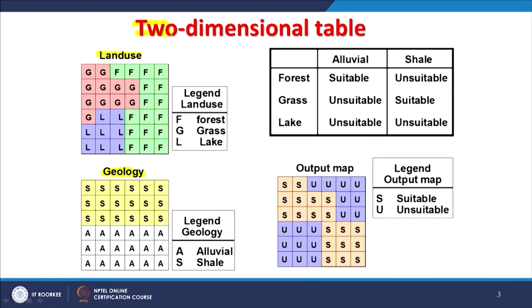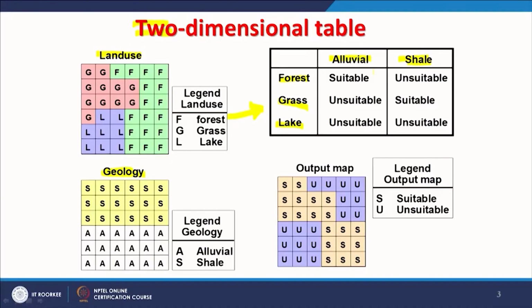In a cross table we were doing the operation a little differently. Here, against alluvium, we have these land uses: forest, grass and lake. The land use has gone as rows and geology has gone as columns, and then we can decide which type of land use and which type of geology is suitable for certain purposes.